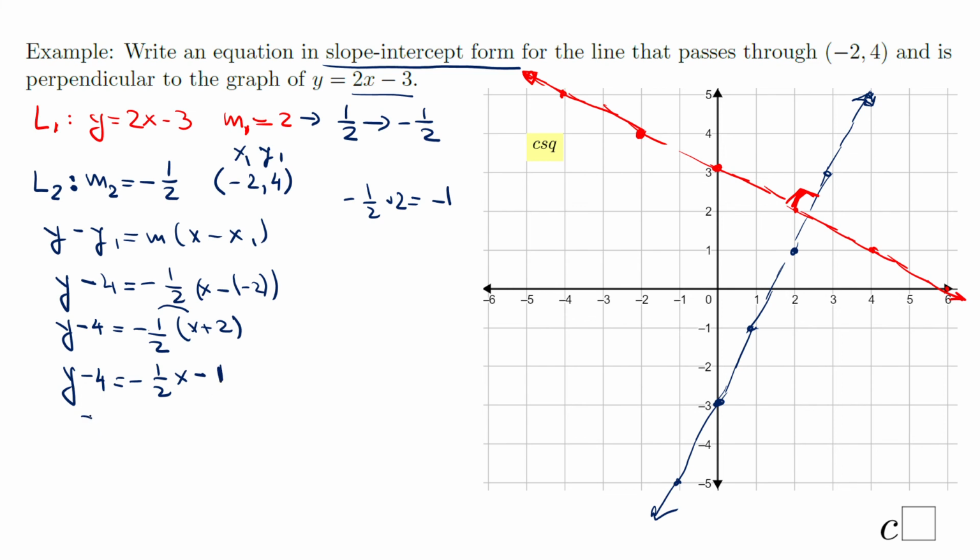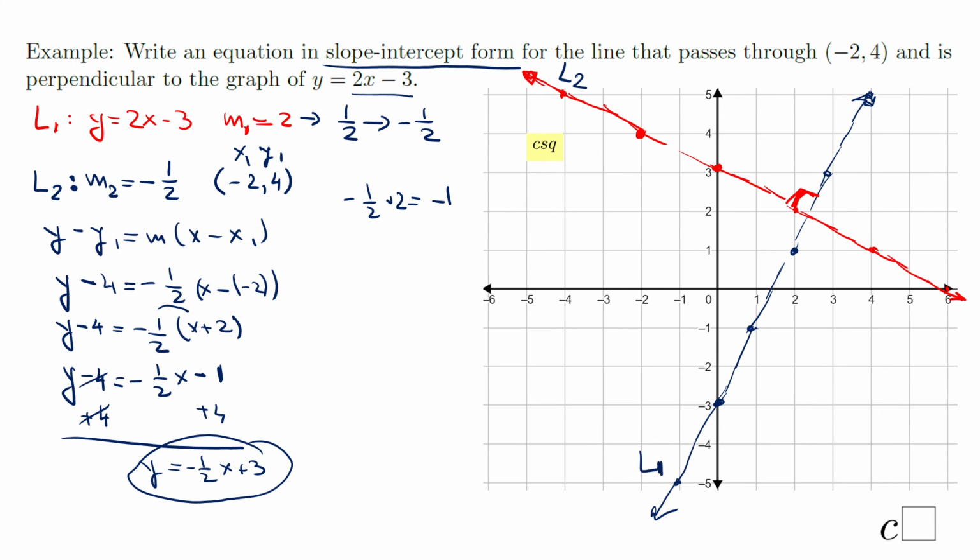And I'm going to do the last step, plus 4. And we have the equation y equals negative 1 over 2x plus 3. Yeah, which is the equation of this line. This is line 2, the red one, and this is line 1.